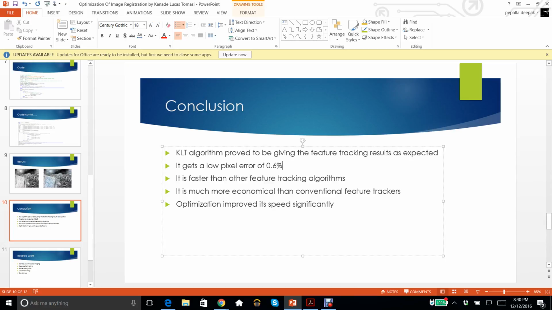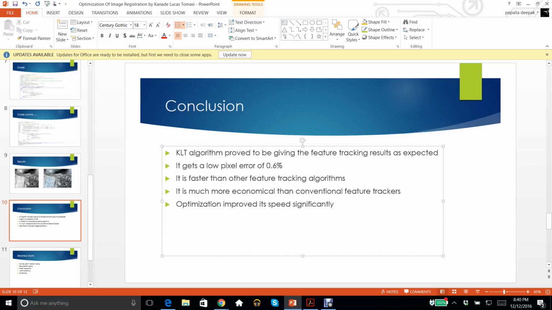But as long as you're dealing with normal images, 0.6% is okay to get. Then I also figured out that it is faster than other feature tracking algorithms, and it usually is much more economical than conventional feature trackers. That I think is one of the greatest advantages of the KLT algorithm.